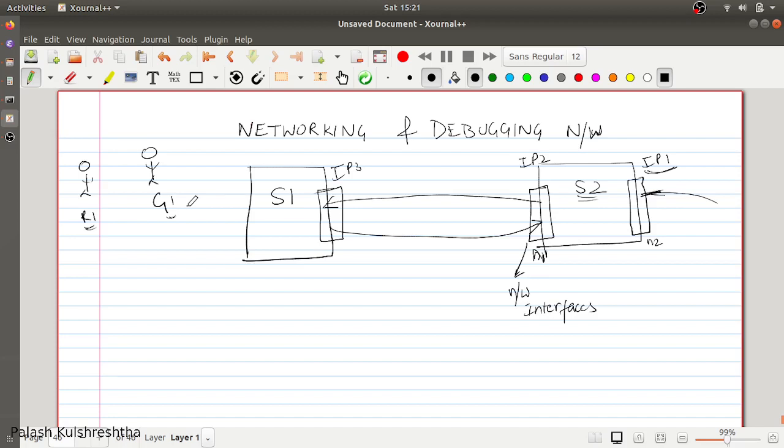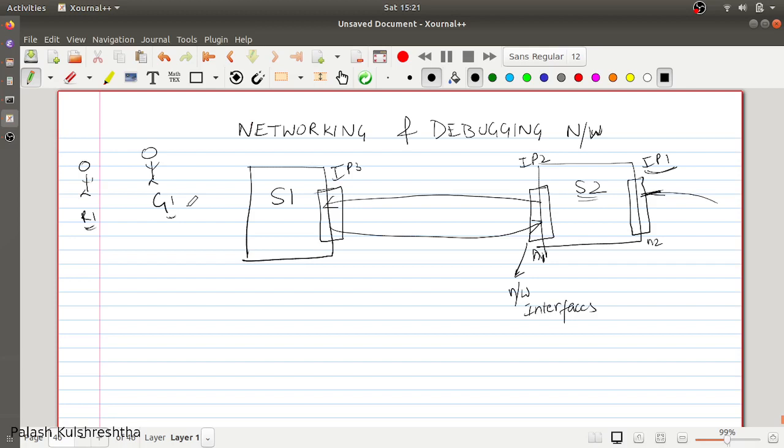Similarly, servers can interact among themselves if they have a common set of notations. Language would be the wrong word, but a common set of protocols or common set of rules that they both can follow to interact with one another.